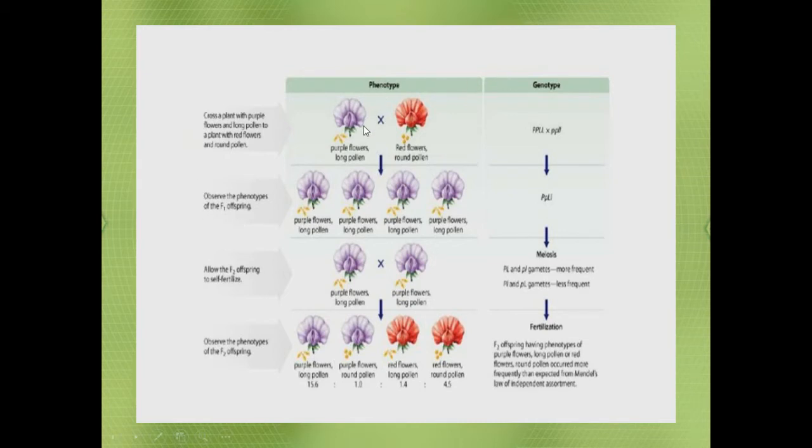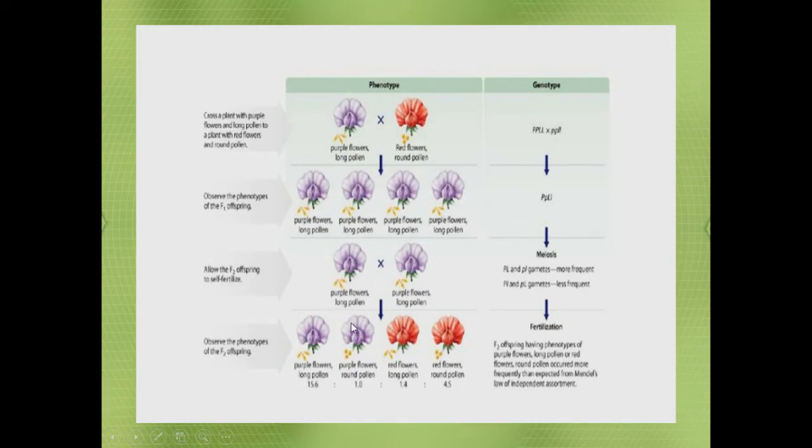So here is what they crossed here. We have the purple long and we have the red round. When they crossed it, they got all purple flowers that had long pollen grains, the heterozygous form. They allowed them to self-fertilize. And you ended up with more purple flowers that had long pollen grains.